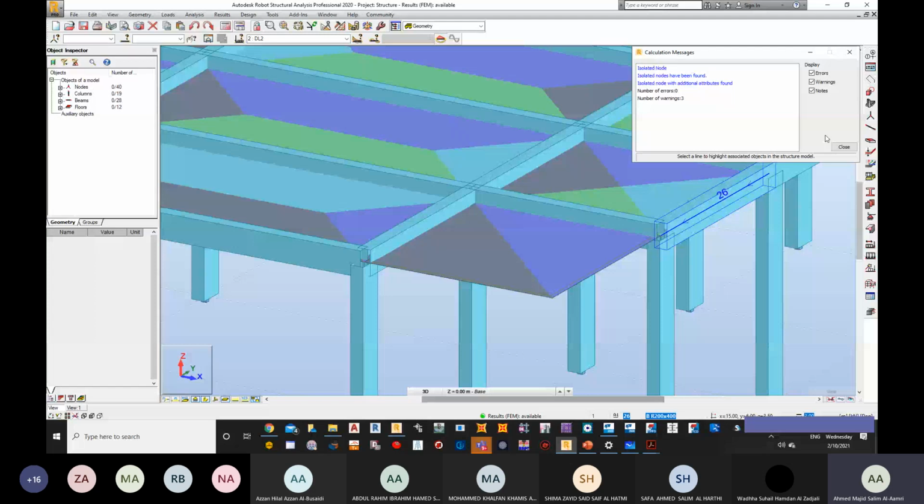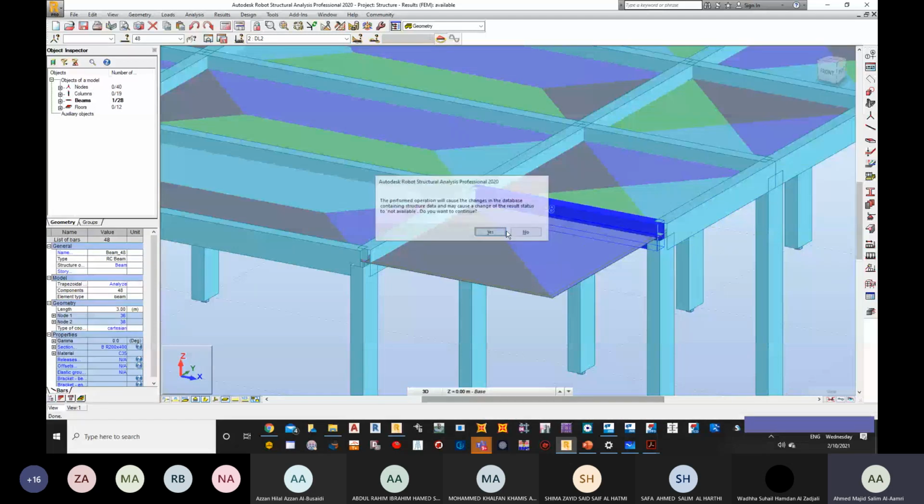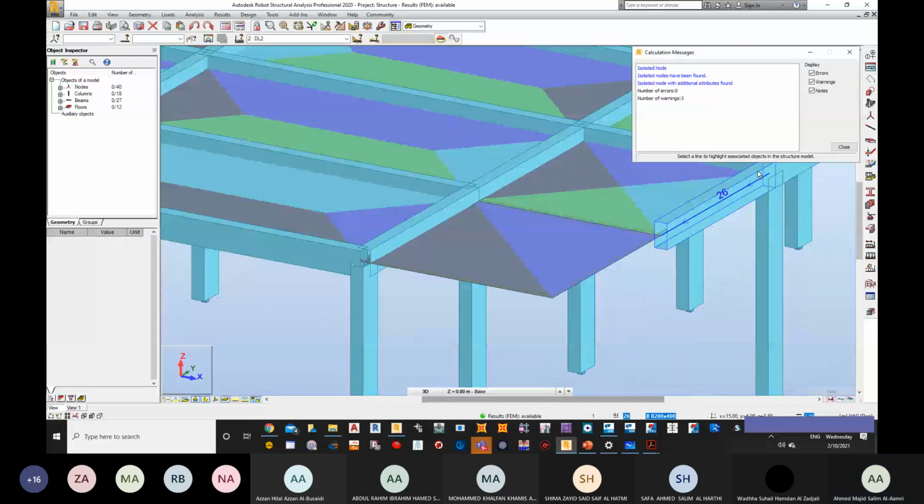Now, if I remove this, for example, okay, it is still carried by the other beam, or by the other slab.